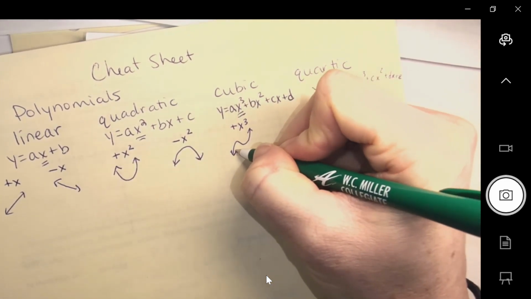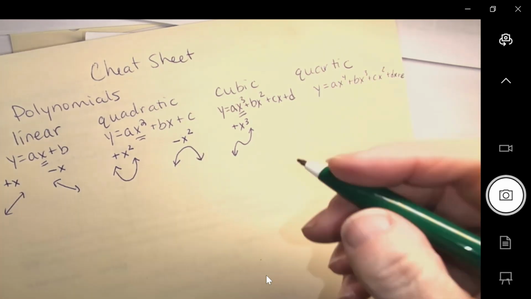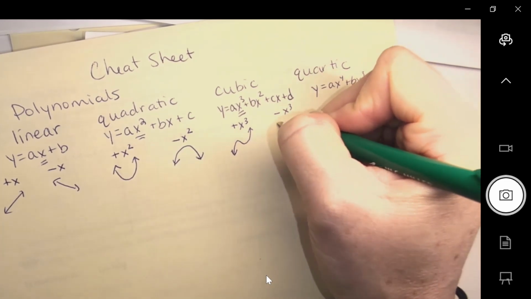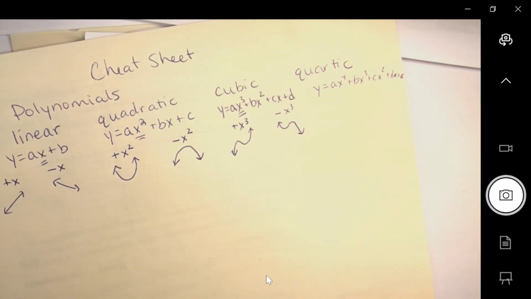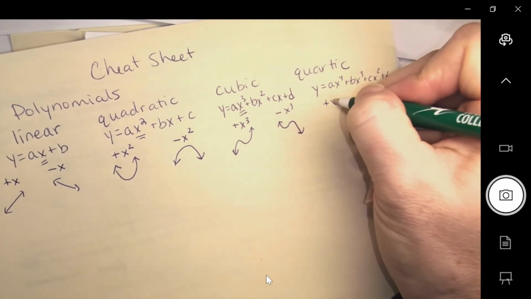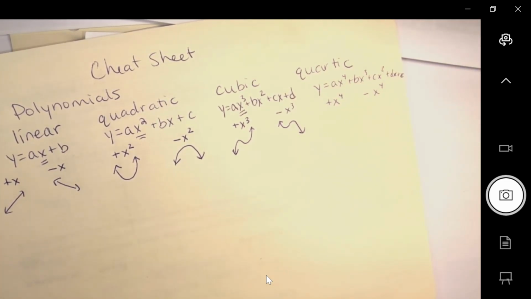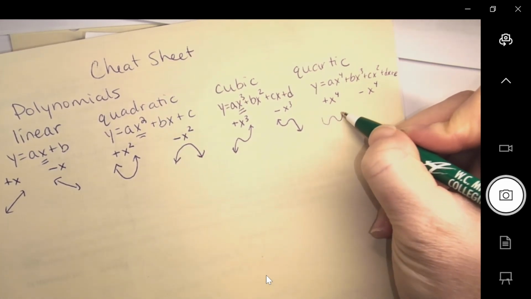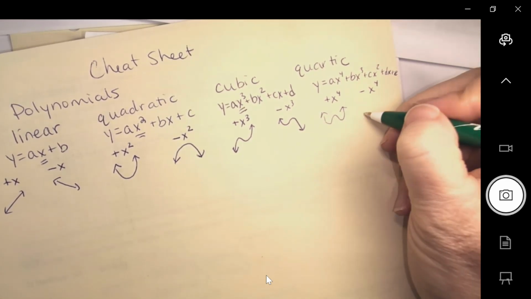An N. That was what a cubic looked like. A negative cubic. A positive quartic or negative quartic. So those ones were letters of the alphabet as well. That was a W. Okay, so those are the general shapes.